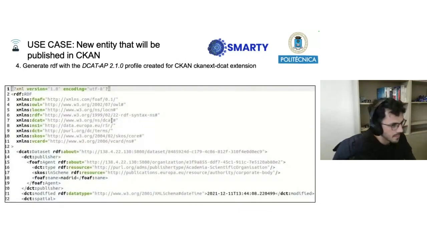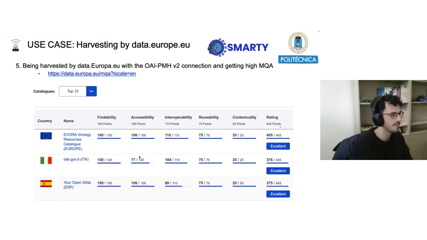And this would be the DCAT-AP format of the metadata that we obtain from the extension. We have validated this with this open data portal, Yoda, that we want to integrate again in the Spanish one. And what we obtain here is an excellent rate in terms of metadata.